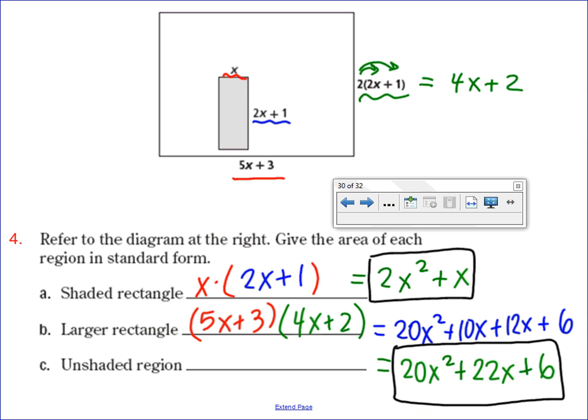We're feeling pretty good about ourselves until letter C. So can we write an expression for the unshaded region based on the diagram in standard form? Go ahead and tell your partner what you would do to get an expression for the unshaded region of that figure. What portion would be unshaded then?